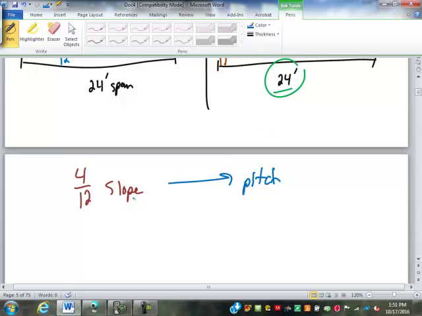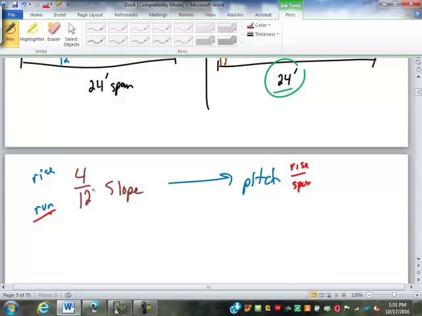Because the slope is rise over what? Run. Pitch is rise over span. Very good. How is the span and the run related? The run is half the span, right?